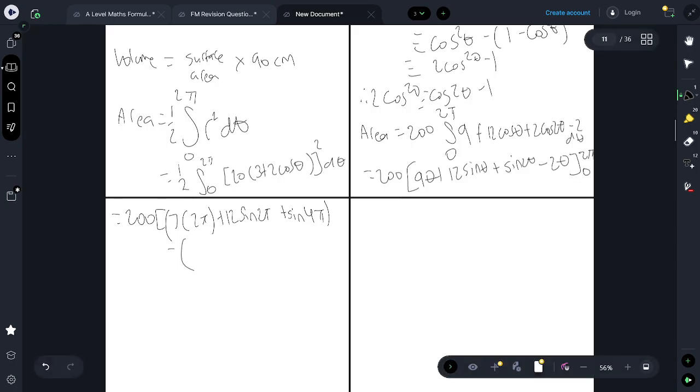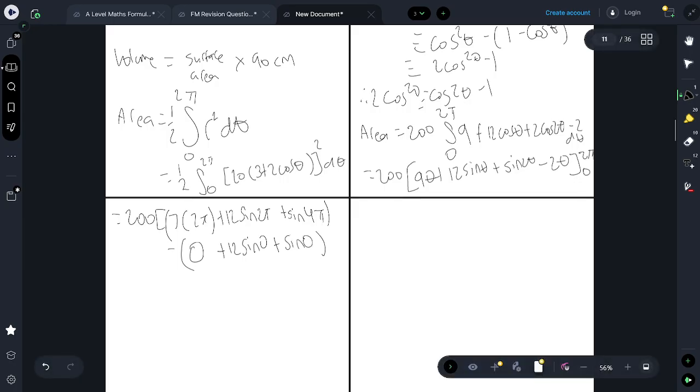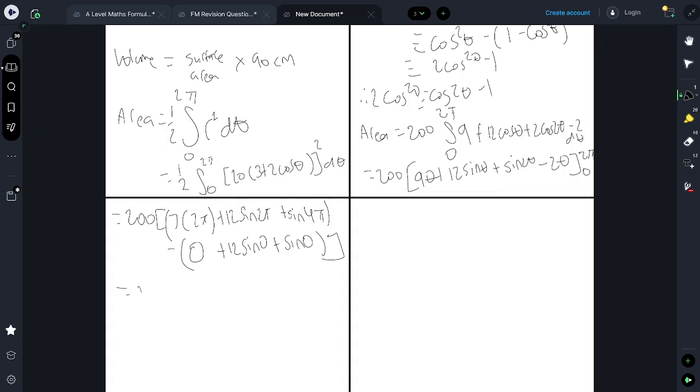So 7 times 0 is 0, then 0 plus 12 sine 0, plus sine of 2 times 0 as well. 2 zeros is 0. And so we essentially just put that into the calculator.